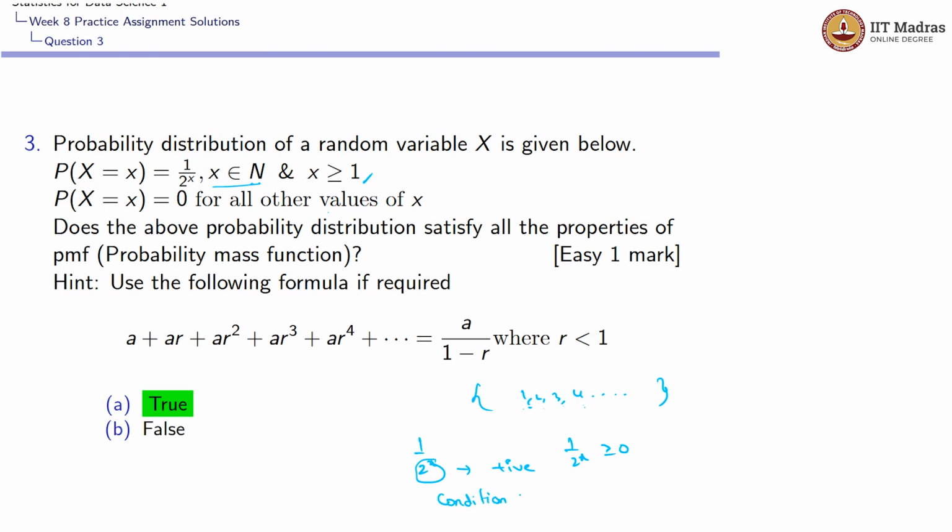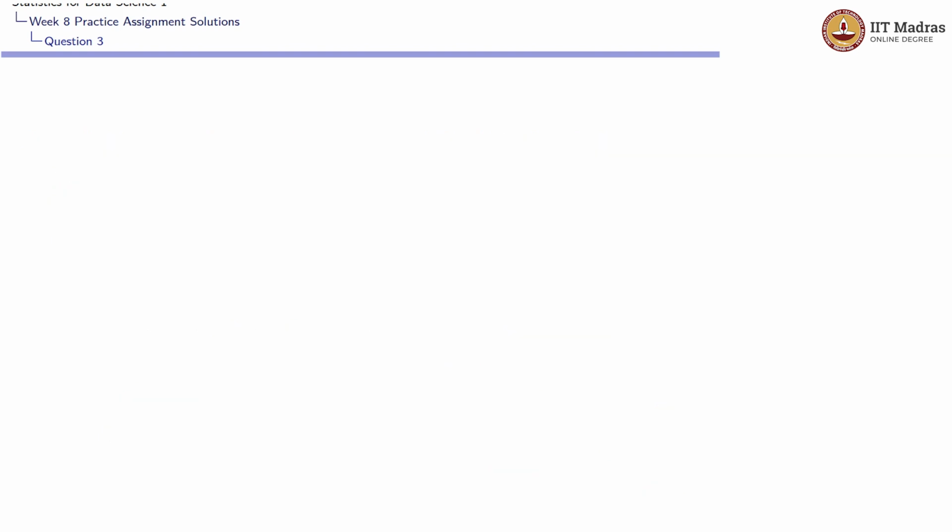First condition, that P of X equals x should be greater than or equal to 0 for all x, is satisfied. And the second condition is that the sum of the probabilities of each x should be equal to 1.